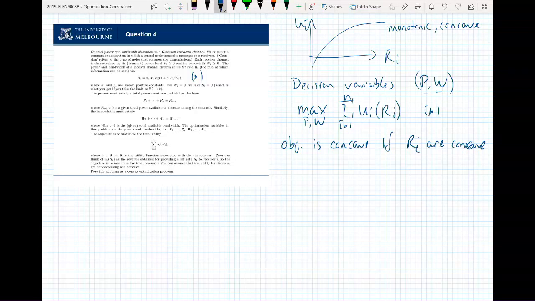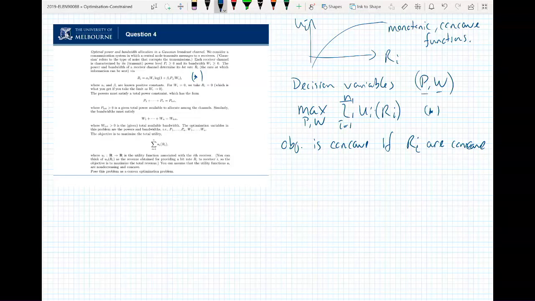Therefore, if Ri is concave, Ui of Ri will be concave. The sum of concaves will be concave. So this is a minus of the convex, the same thing we discussed for the functions. Okay, so the example also exposes you to all these interesting relationships when you combine functions. There's a huge discussion in Boyd about how you combine functions and still preserve convexity.